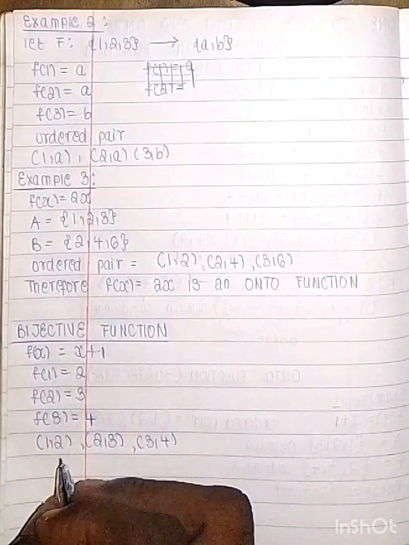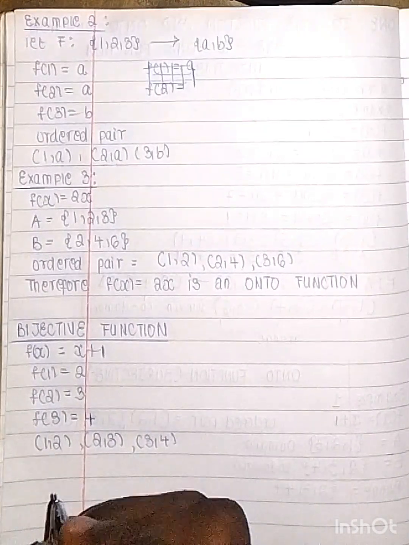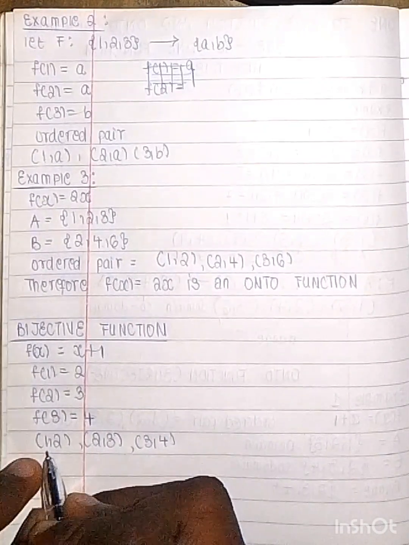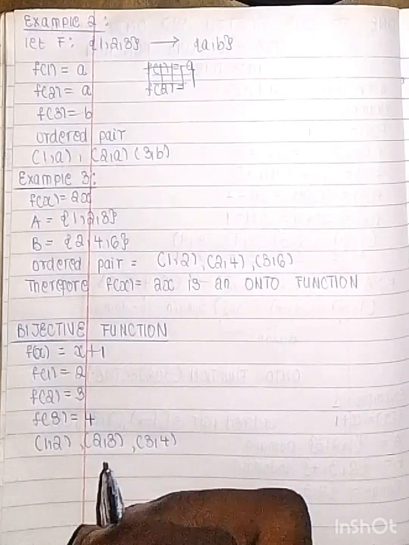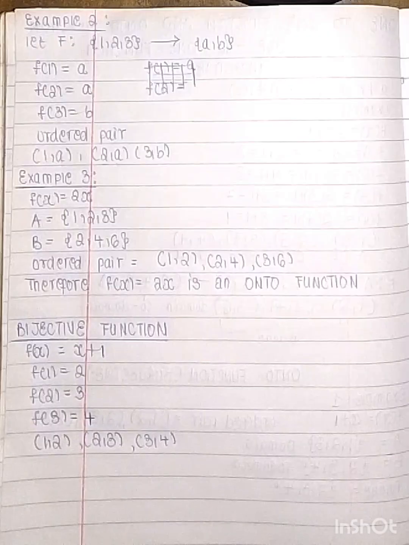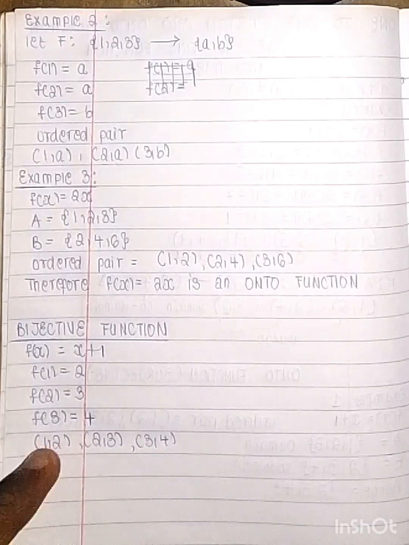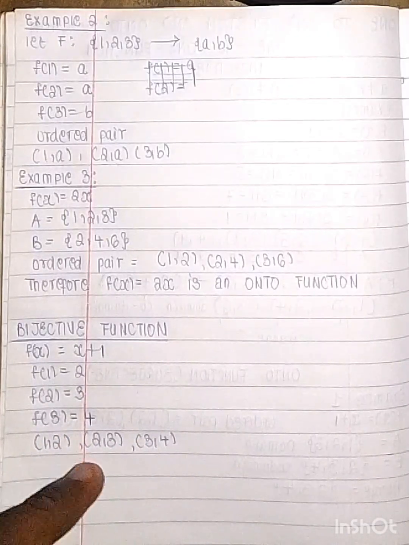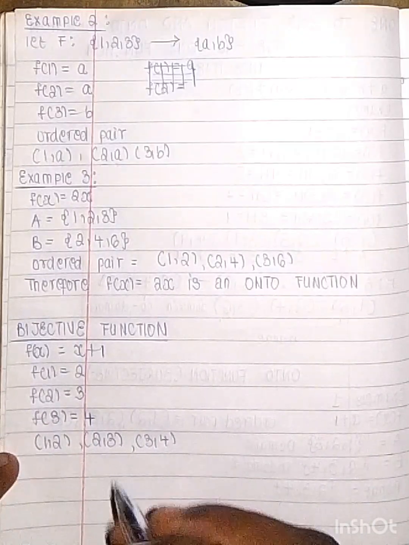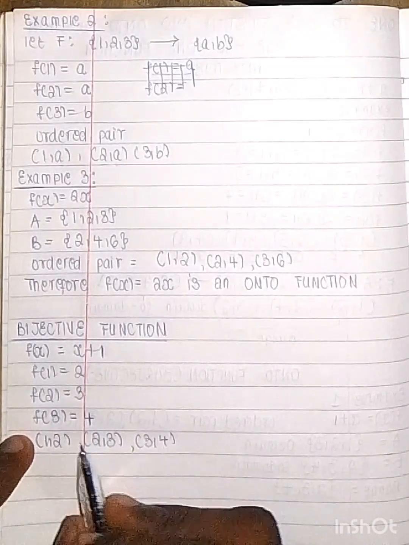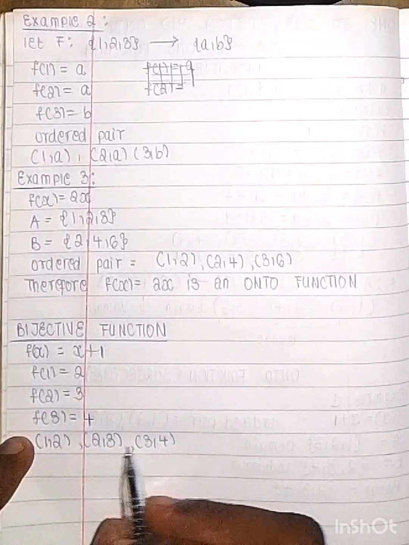Now, I said earlier that in a one-to-one function, every input has its own different output. Every man marries a different wife. That's true. You can see that this is a one-to-one function. But in an onto function, every element is carried along.